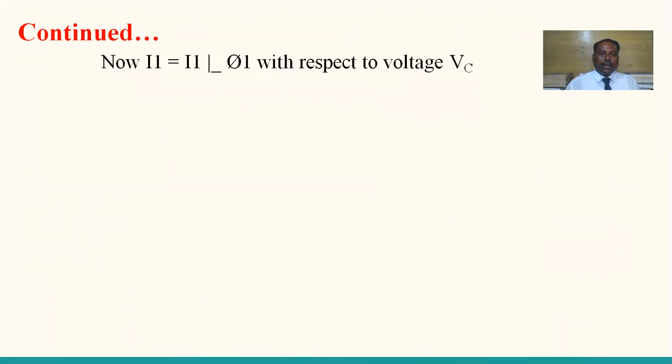Now I1 is the loading current at point C. I1 is equal to I1 at an angle of phi1 with respect to voltage VC. So with respect to the load voltage, which has an angle of some alpha, we consider the load current I1, which is equal to I1 at an angle of minus (phi1 plus alpha), that is phi1 minus alpha.